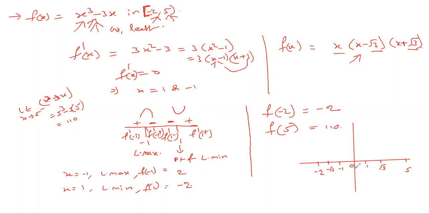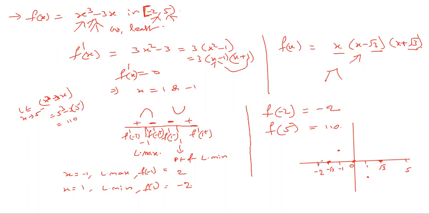So let us try to draw the graph. F of minus 1 will be 2. F of 1 will be negative 2. Mark that first. F of negative root 3 will be 0, f of 0 will be 0, and f of root 3 also becomes 0.